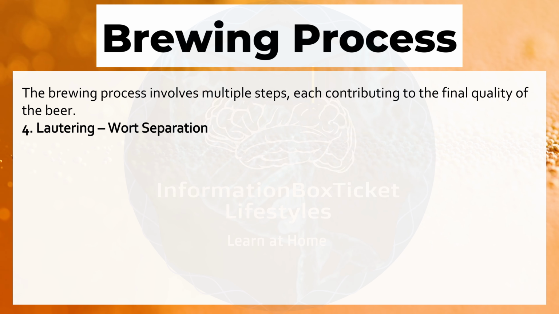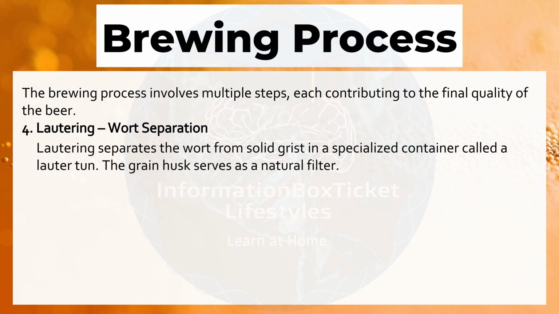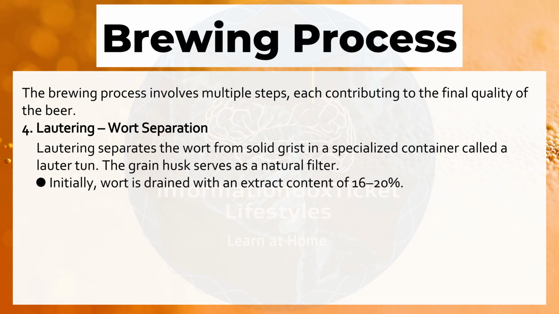Fourth, lautering. Wort separation. Lautering separates the wort from solid grist in a specialized container called a lauter tun. The grain husk serves as a natural filter. Initially, wort is drained with an extract content of 16 to 20%.